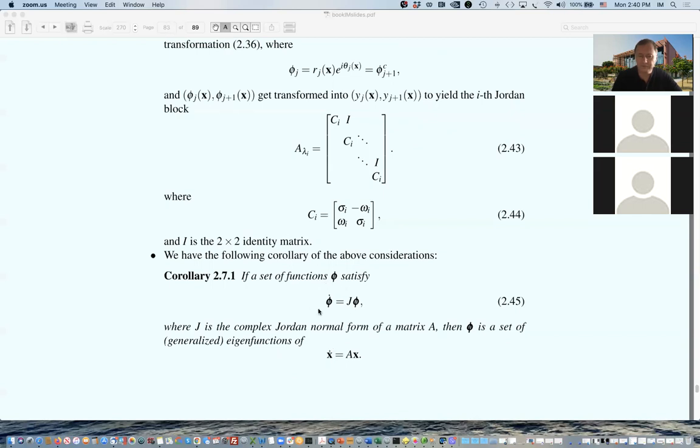And that particular corollary is going to be very useful for us when we consider the simplest form of, let's say, nonlinear systems that asymptotically converge to a fixed point from its basin of attraction.